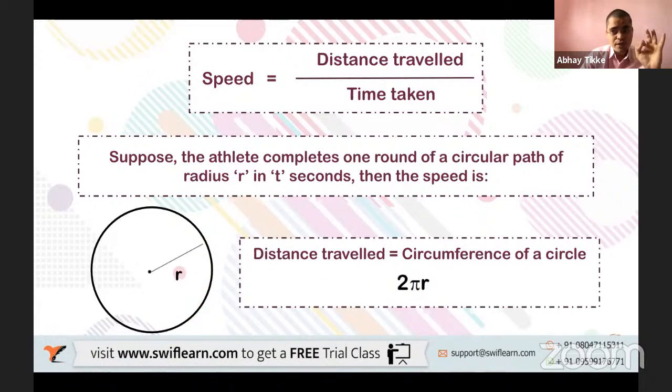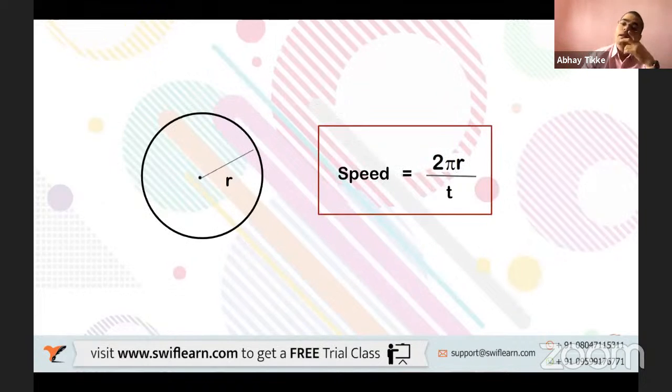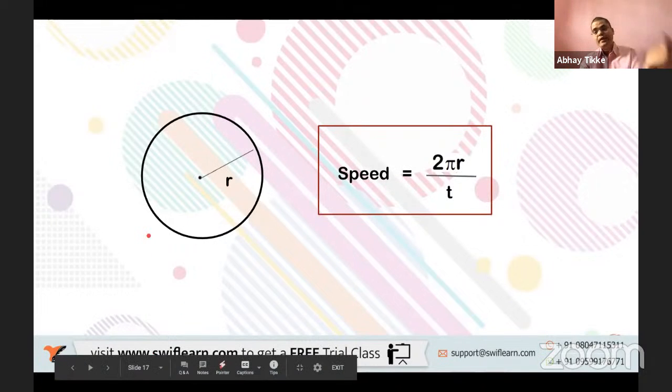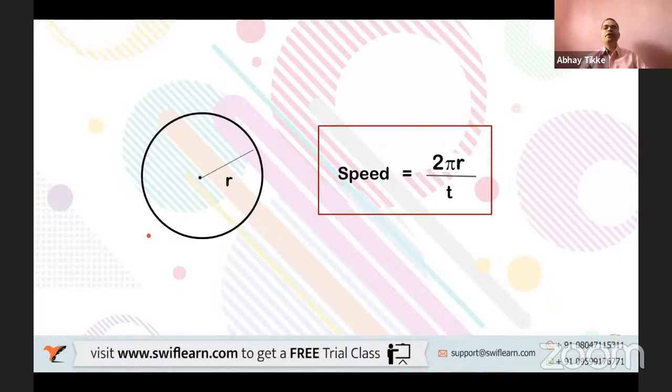Equal to the circumference of the circle, isn't it? And what is the circumference of the circle? That is 2 pi r. So distance traveled would be 2 pi r and time taken would be t seconds. So what's the formula for speed then? Yes, 2 pi r upon t. That's the formula for speed, distance traveled divided by time taken.